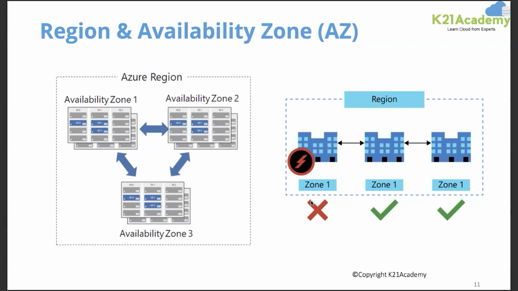It is already there. You just need to leverage the service. They are interconnected, so it becomes easy for you to move your data, service, availability, and redundancy amongst these locations. Make sense? Let me know if you have any queries or questions on AZs and region pairing. If no questions, then we can move forward.